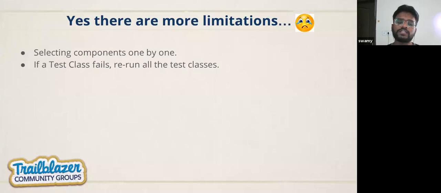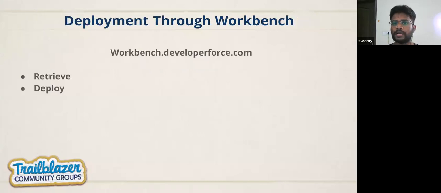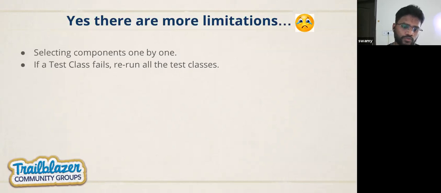So it is a check, and we have to pass our test classes. If there are hundreds of classes and even a single class fails, you have to run all the test classes again. There is no scenario in change set where you can run only the one single class that failed. And this is all about deployment through change set.